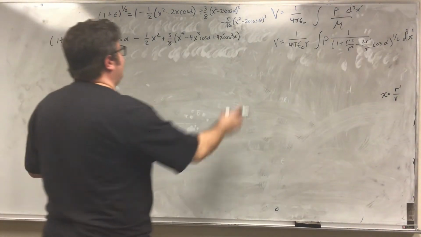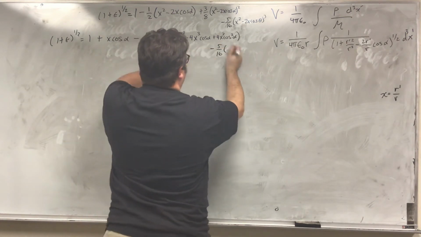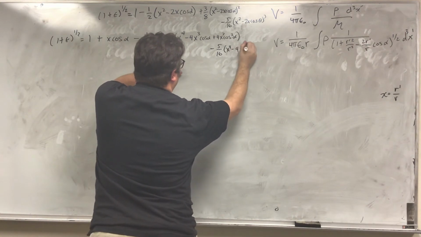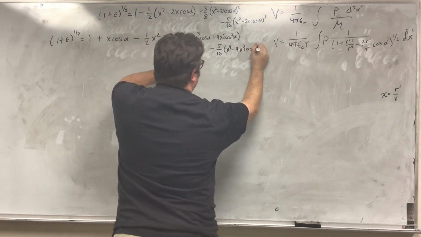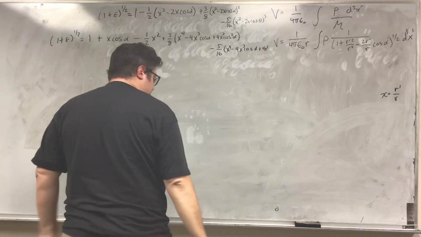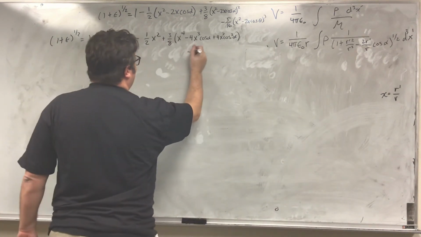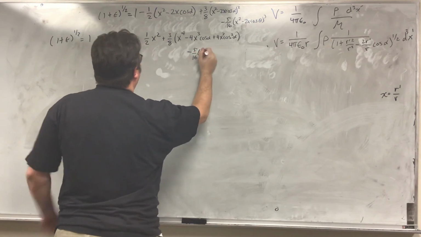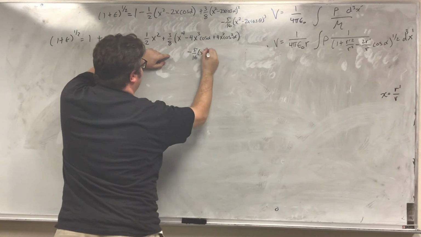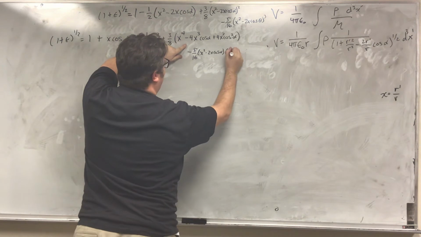Okay, now I'm going to do the same thing here. So I'm going to have minus 5/16. Now I'm going to do the squared term to the 4th minus 4x cubed cosine alpha plus 4x squared. Shoot. This is a total disaster, right? If I'm going to do this cubed, I have x squared minus 2x cosine alpha times this squared.